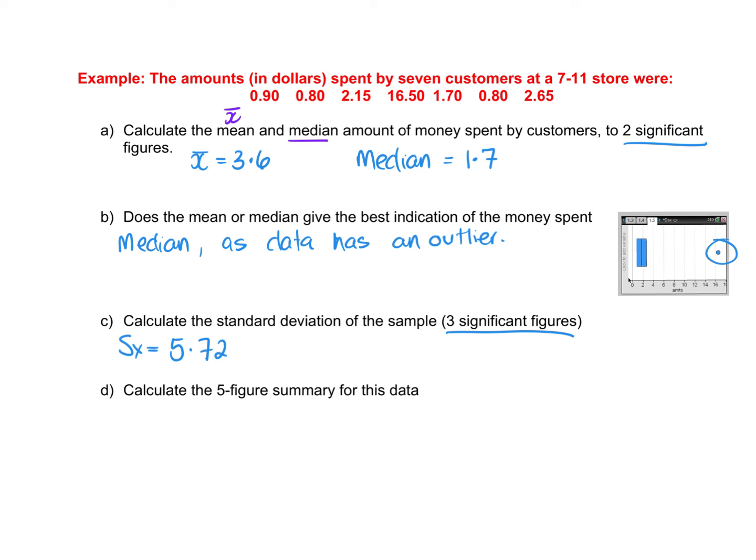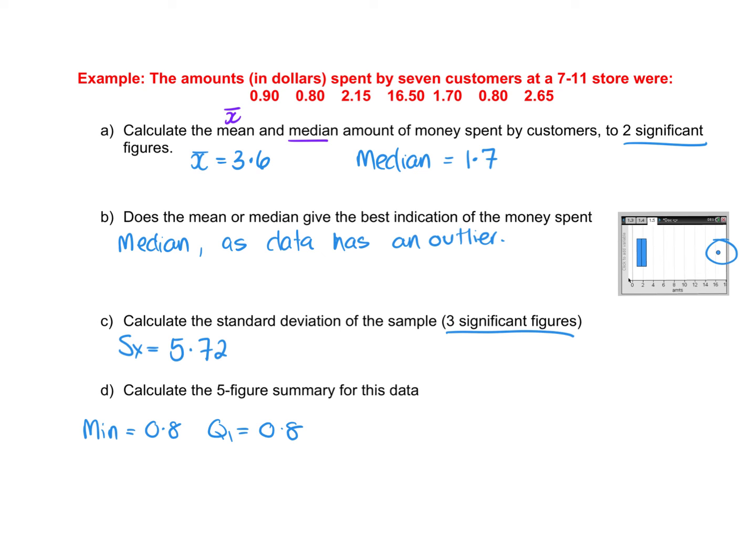Okay, so that's that. When they ask you to calculate the 5-number summary, as I said, you should do it in order. So the minimum was 0.8, Q1 was 0.8. So with this one, it was odd.